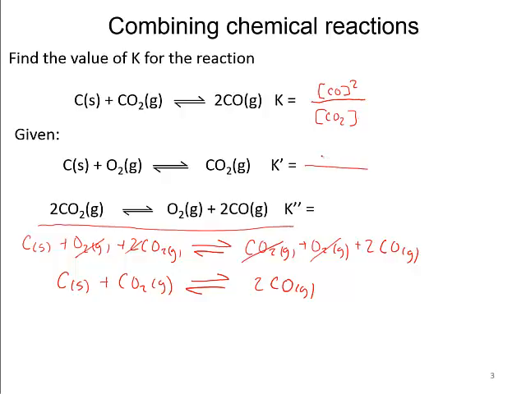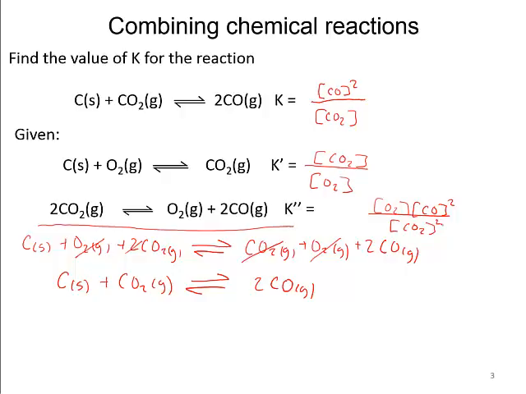The first known reaction is the concentration of CO2 over the concentration of O2, and the final one is the concentration of O2 times the concentration of CO squared over the concentration of CO2, of course raised to the second power.